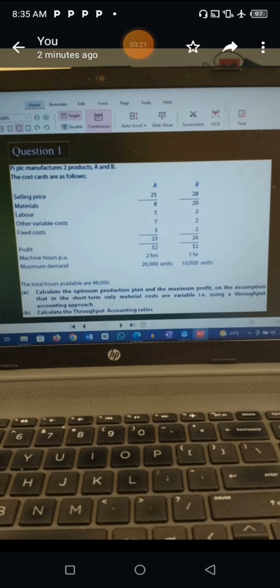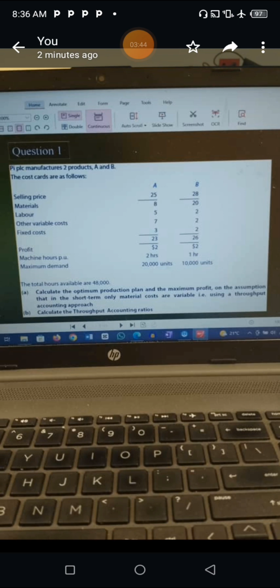All right, then machine hours per unit, that's 2 hours for product A and 1 hour for product B. Which means the process of producing A requires 2 machine hours per unit of A, whereas for B, that's 1 hour.